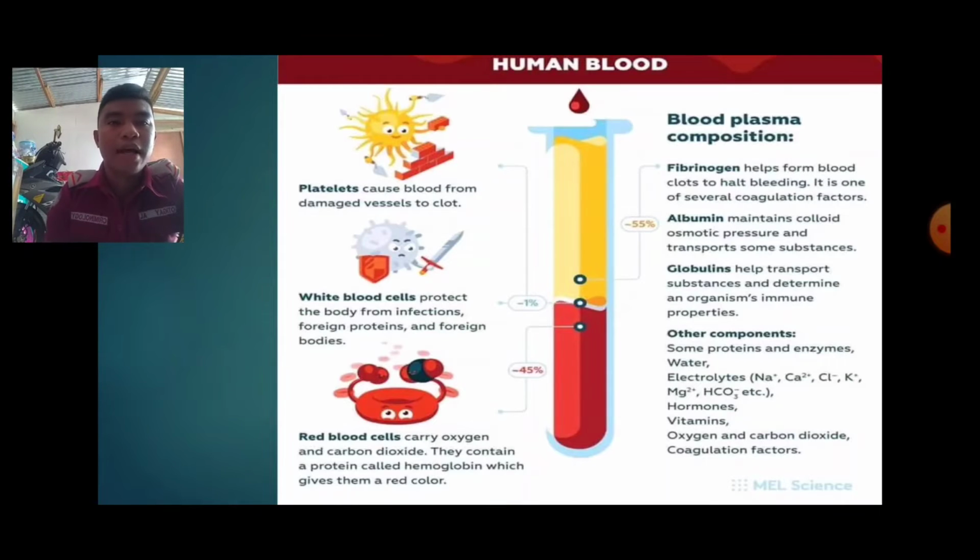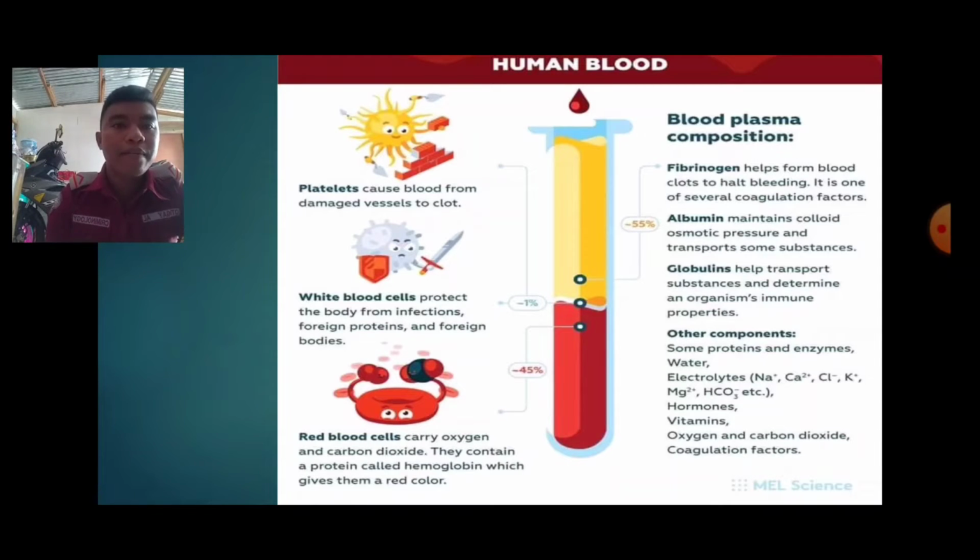And it is the platelets that cause blood to form clots at damaged vessels, and the white blood cells protect the body from infection, foreign proteins, and foreign bodies. And the red blood cells carry oxygen and carbon dioxide. They contain a protein called hemoglobin, which gives them a red color.